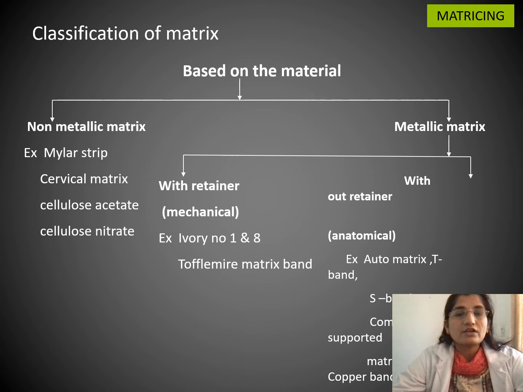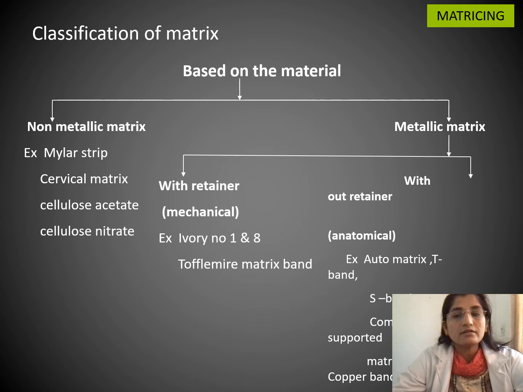Moving on to classification of matrix. Based on the material, matrix can be classified into non-metallic matrix and metallic matrix. Under non-metallic matrix, examples are mylar strip, cervical matrix, cellulose acetate, cellulose nitrate. And under metallic matrix, again it is divided into with retainer and without retainer.